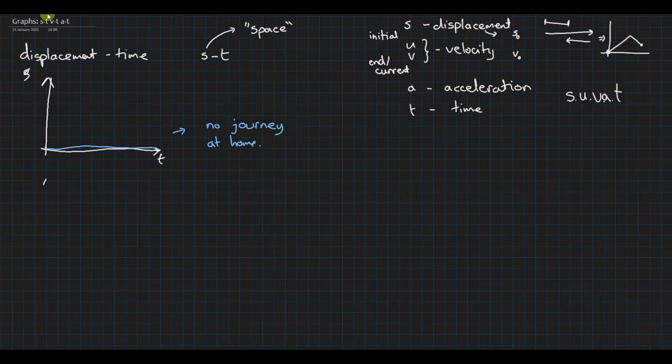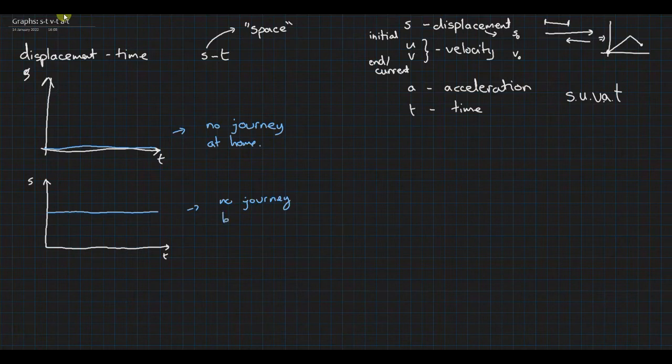If my displacement graph stays a fixed distance away, still no journey. This is a distance here, oh, missed off the S. So we've got some displacement, it's no journey, but away from time or origin.